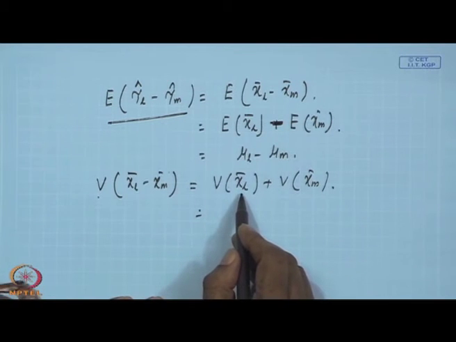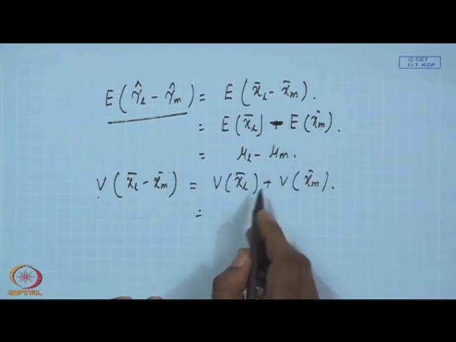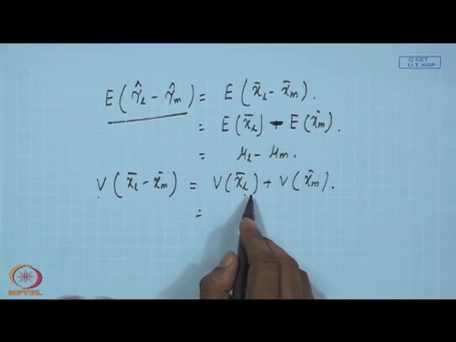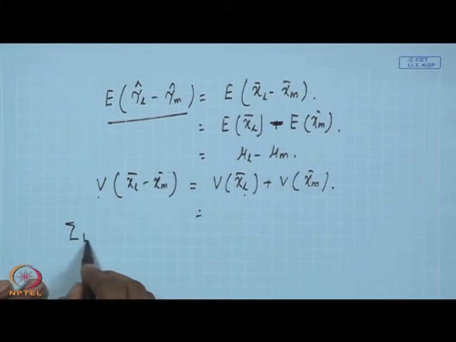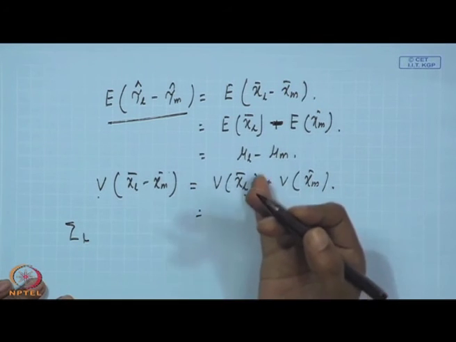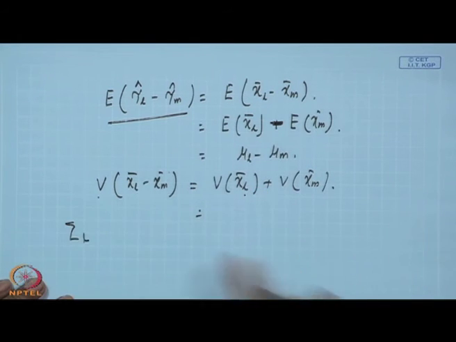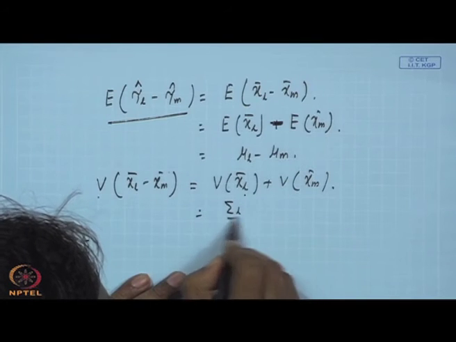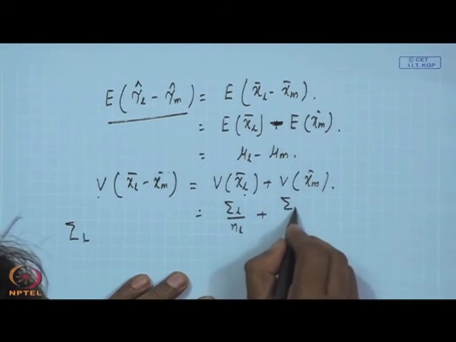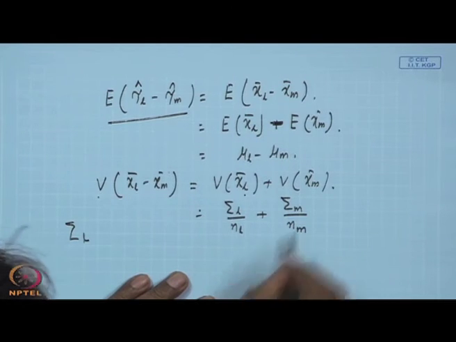XL bar is a vector quantity. So, it is coming from the population L. Now, population L covariance matrix is capital sigma L, and that is the covariance of the mean value. So, it will be sigma L by NL plus capital sigma M by NM.